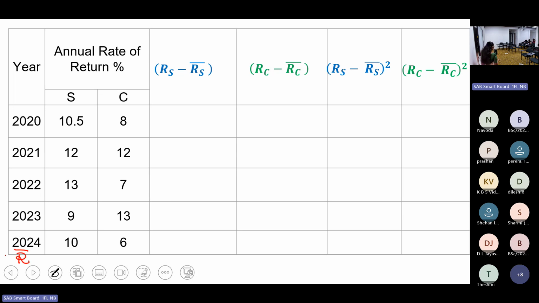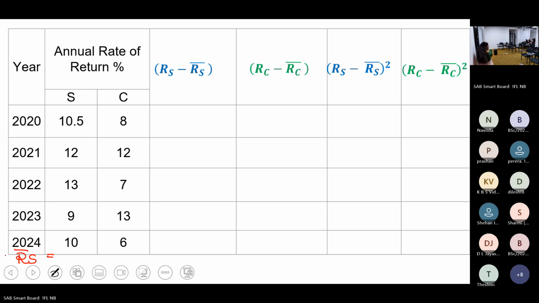R bar for what? For S. Take the total divided by the number of years. Can we get the total here quickly just to finish up your lesson? 8.5, 12, 13, 9, 10.